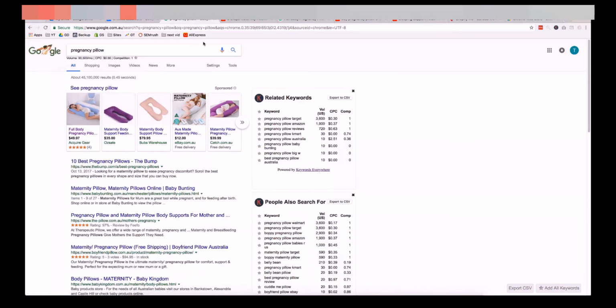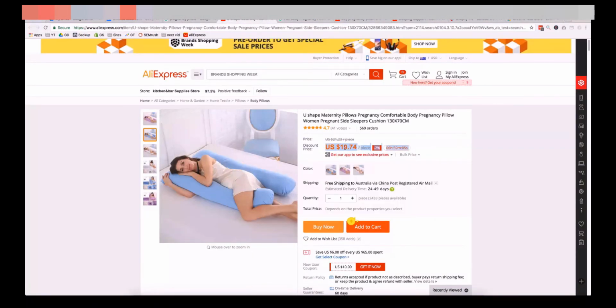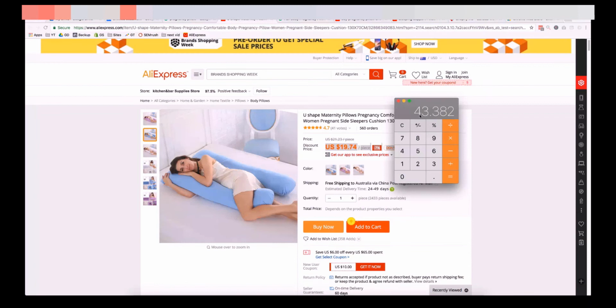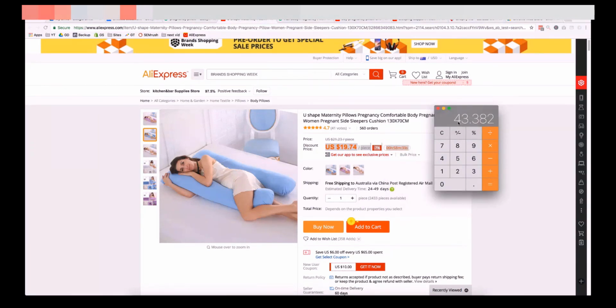They're selling it for $49.97 and it costs them $19.74. And our ideal price to sell it at is $43. If we were to sell this product at, say, $39.99, we'd still make a $20 profit margin. But because we're testing it, I'm going to take it down a price tier and sell it for $34.99.